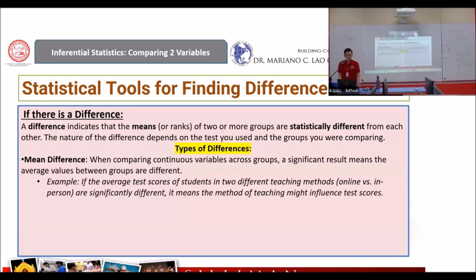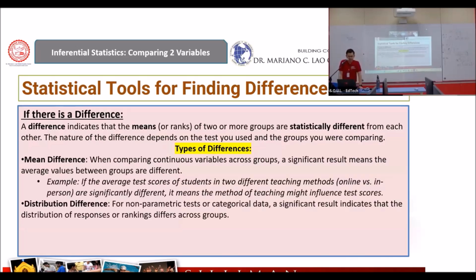The other one is the distribution difference. This is actually for non-parametric tests or categorical data. A significant result indicates that the distribution of responses or rankings differs across groups. What does it mean?